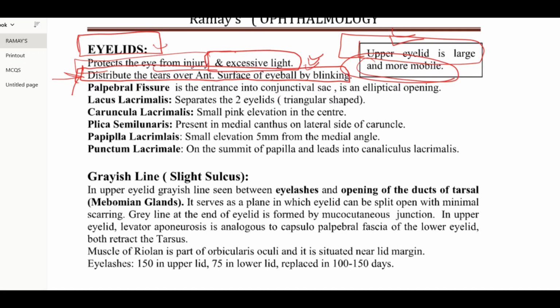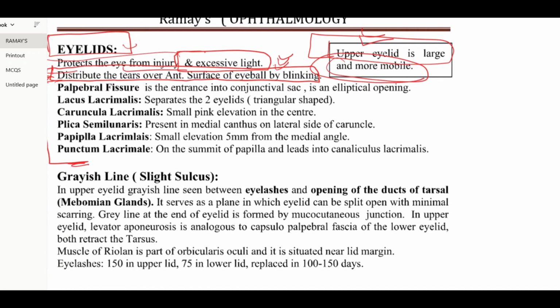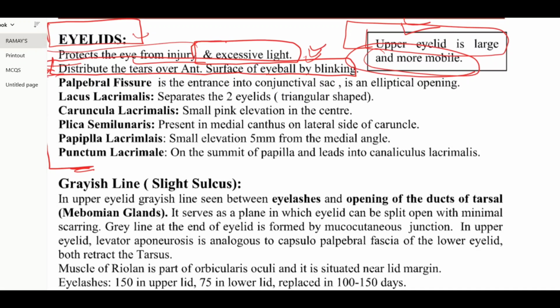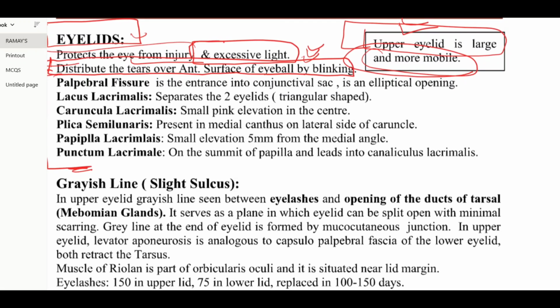Now there are different structures present around the eyelids. We will see these structures one by one. So let's suppose this is an eye.